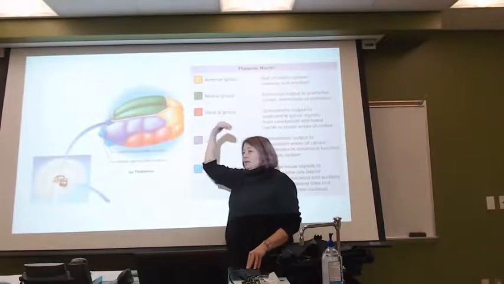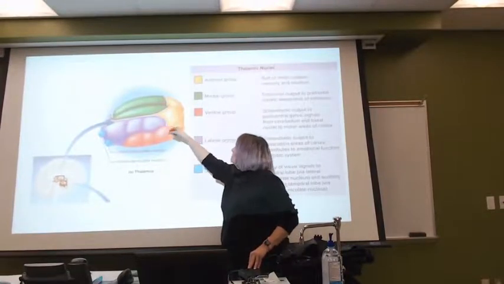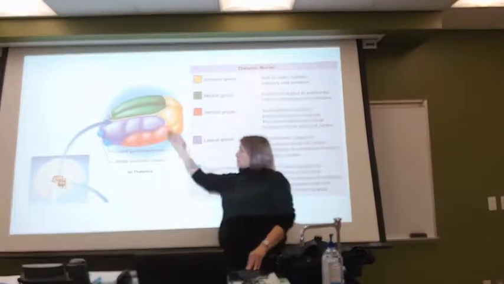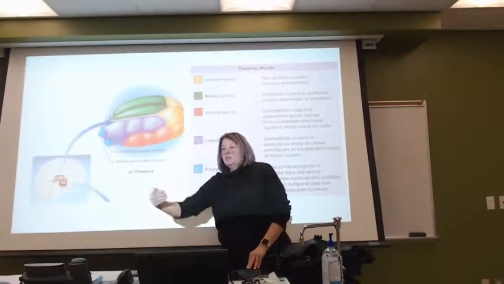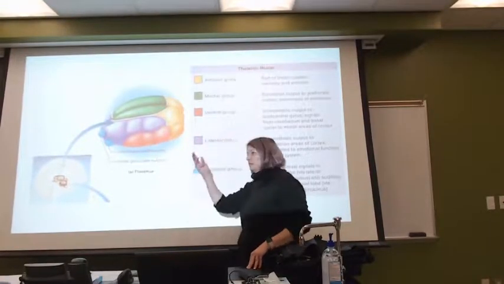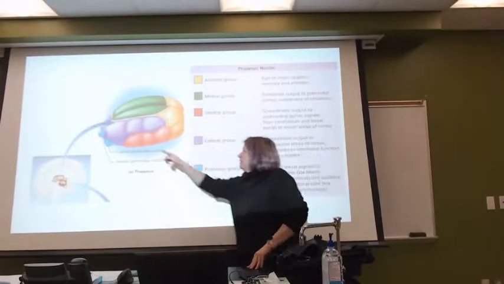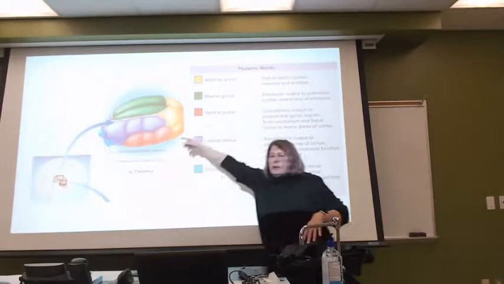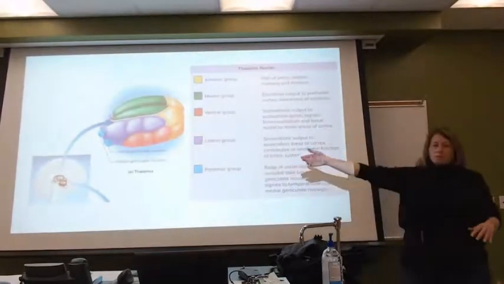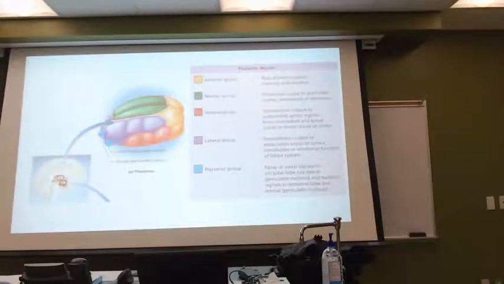We have a medial group right through the middle. We have the ventral group, kind of if you think about where we're ventral. Okay, this would be ventral, the underside. We got lateral group and then the posterior. So these are the 5 groups. And of the 23 nuclei we know of, they fall into one of them.